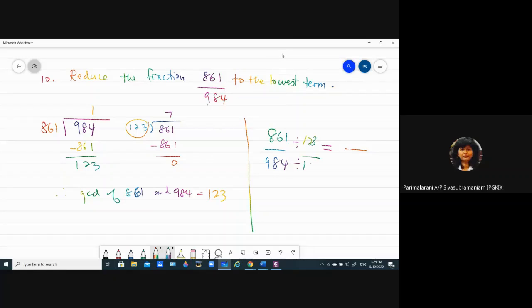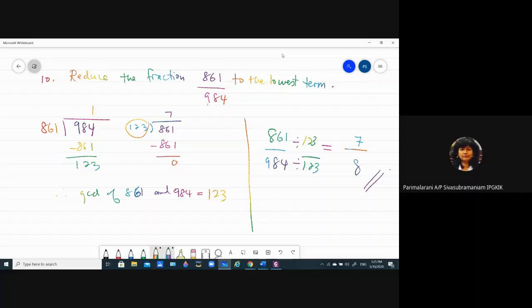If we do it one by one, dividing by 2, 3, 4, it will take us a long time. So 861 divided by 123 is 7. 984 divided by 123 is 8. 8, is it? Yes. So we have reduced this fraction 861 over 984 to 7 over 8.